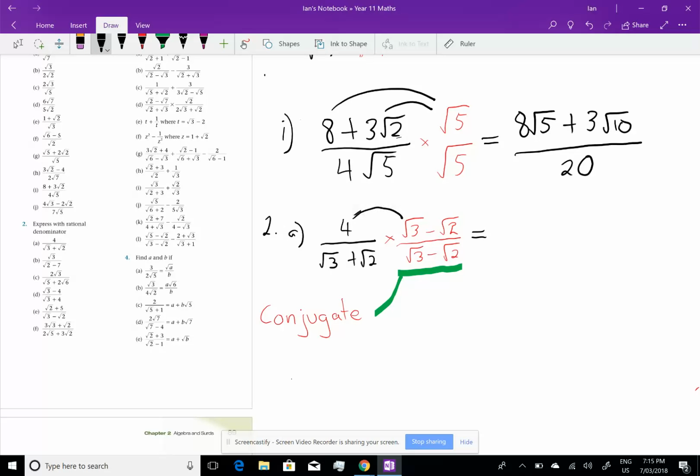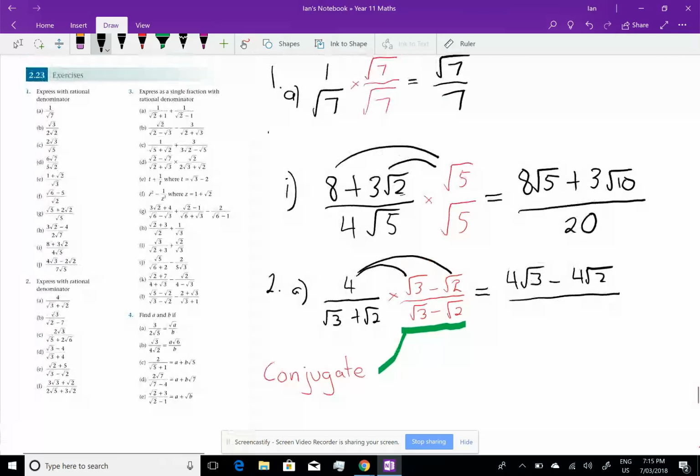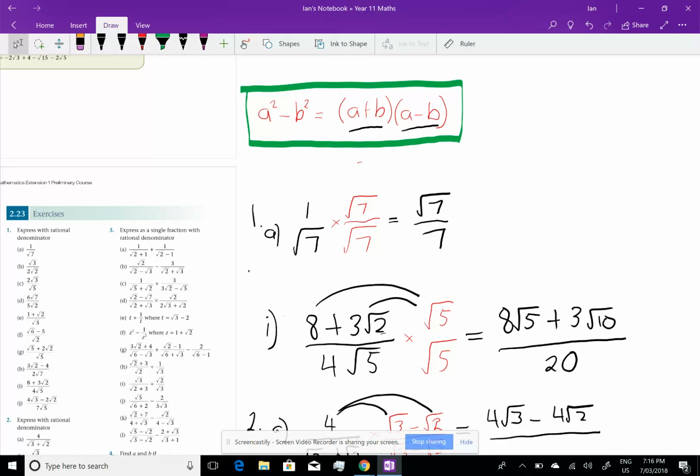Well, I get 4 times that and 4 times that, so I get 4 root 3 minus 4 root 2. Now here on the bottom, using this law, which you need to put up on your bathroom wall or above your study desk, somewhere where you're going to see it every day, put it beside the bathroom mirror, and you'll see it every day when you brush your teeth.